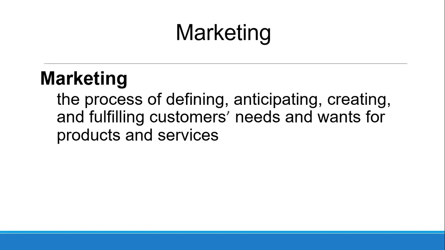As we have all learned in our introductory business administration class, marketing borders on the process of defining, anticipating, creating, and fulfilling customers' needs and wants for products and services of an organization. So anytime an attempt is made to satisfy the needs of customers by churning out goods and services that address their wants and needs, then we are talking about marketing.